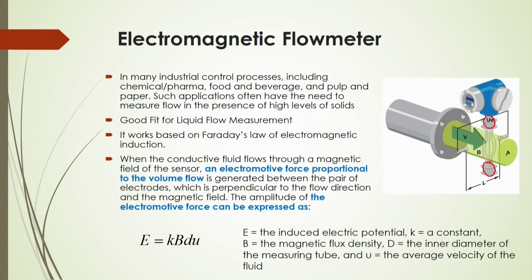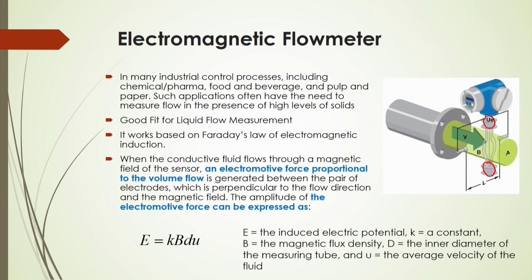Also the magnetic field works in the direction normal to the flow of the fluid, and the amplitude of the electromotive force can be expressed as E equal to K into B into D into U, where E is the induced electric potential, or electromotive force, and K is a constant that depends on the device, and can be calculated by calibration of these devices.